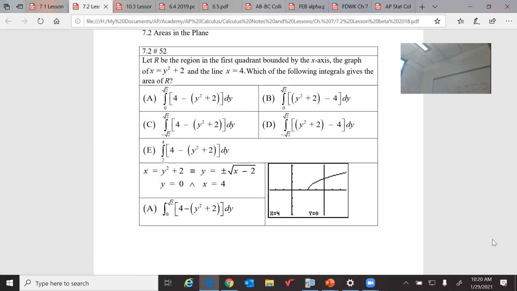It says first quadrant, right? It says first quadrant, so you can't have any negative values in there. So C and D are out. And there's 5 choices, but in May you don't have to have 4 choices. So if you can eliminate 2 of them, even if you're guessing, your expected outcome goes up. Yes?